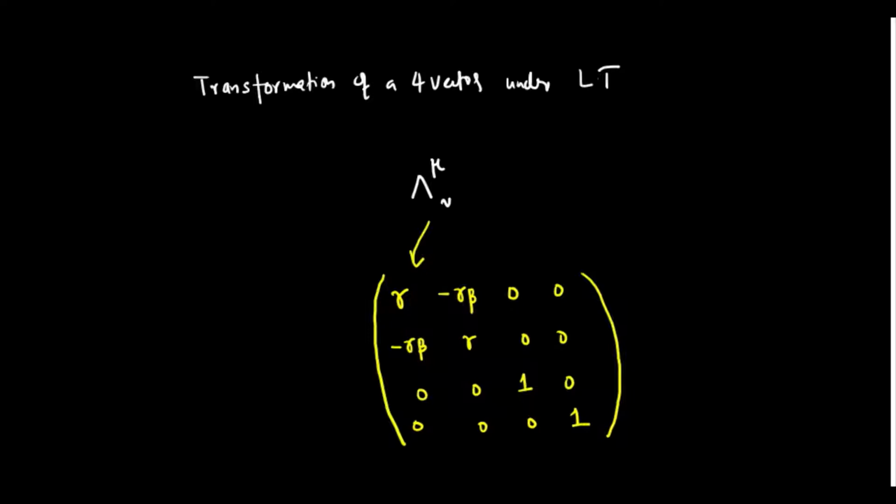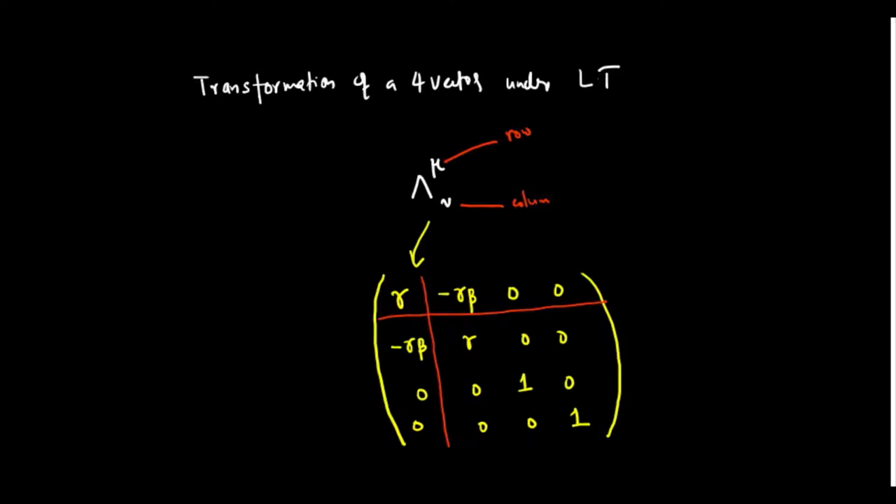Each and every row and column is indexed: mu is the number of the row, and nu is the number of the column. So this is the element of the mu-th row and nu-th column. This is the zeroth row, and this is the zeroth column.